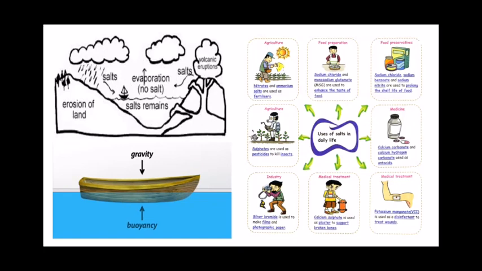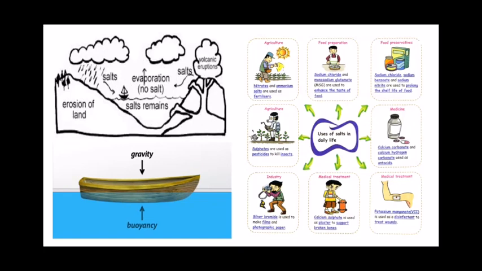Now children, do you know what is the use of these salts for us in our day-to-day life? Salt is used in the food we eat. Salt is also used for making various chemicals and medicines. It is also used to preserve things for longer periods, like pickles. You might be knowing about it, right?